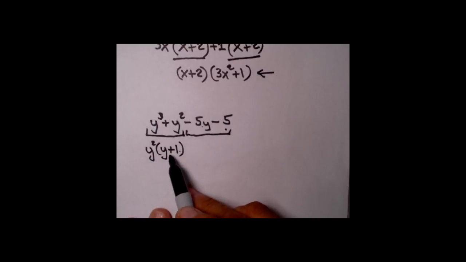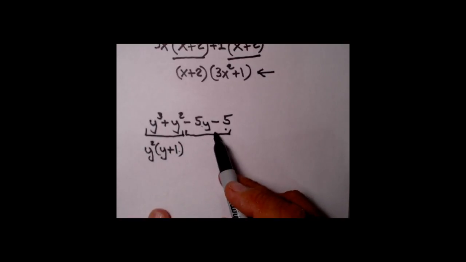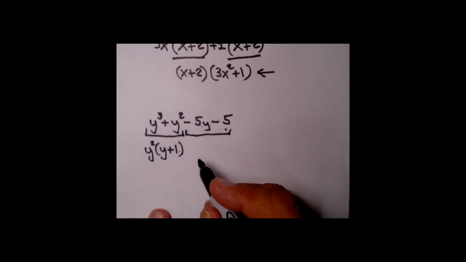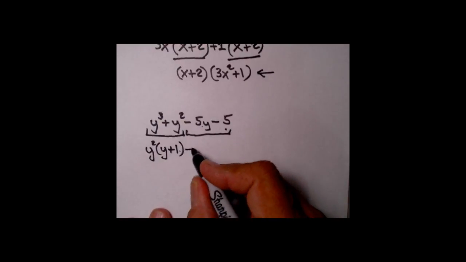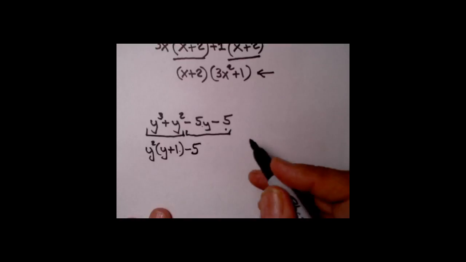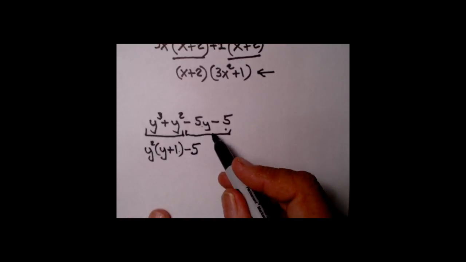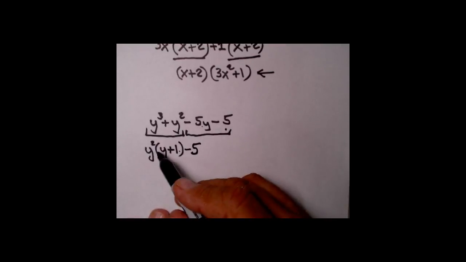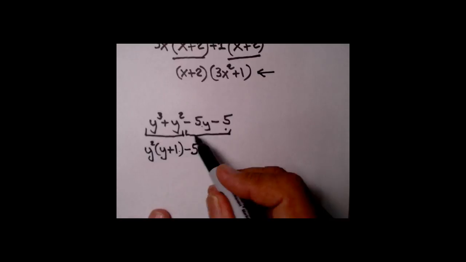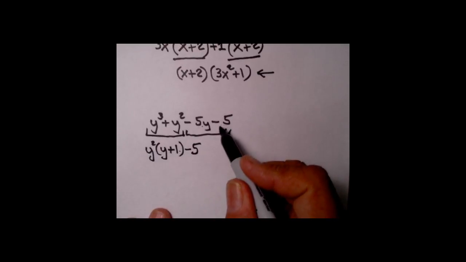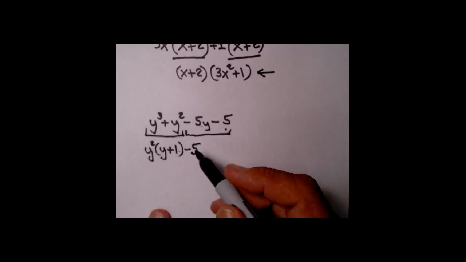The second guy, plus to minus, that's opposite. If the signs are opposite, then you factor out the negative version of your greatest common factor. If the signs had been the same, plus to plus, something like that, then we would have factored out the plus version.